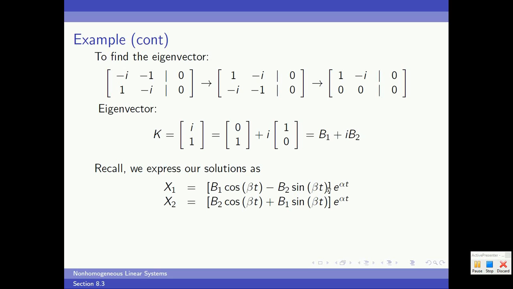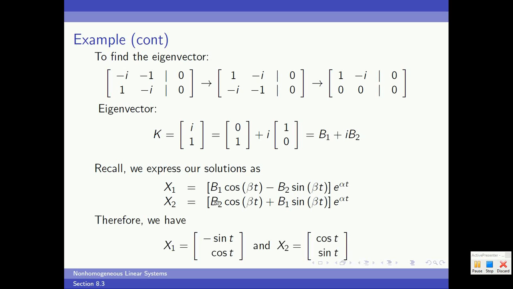Our alpha is the real part of our eigenvalue, which is 0, so this part is e to the 0 t, which is just 1. So looking at this, I can find my solutions. Here I have 0 cosine plus minus 1 sine, so that gives me this minus sine t. Yeah, so this gives me my first one.